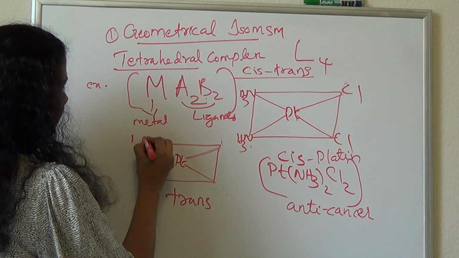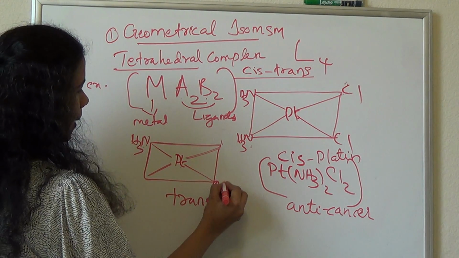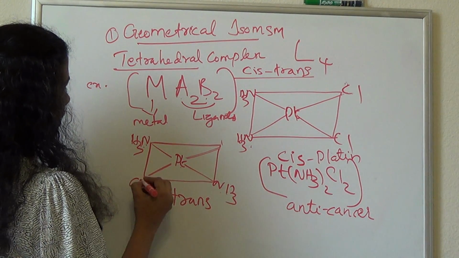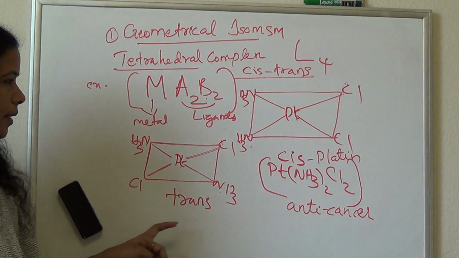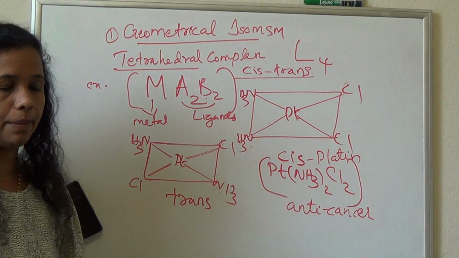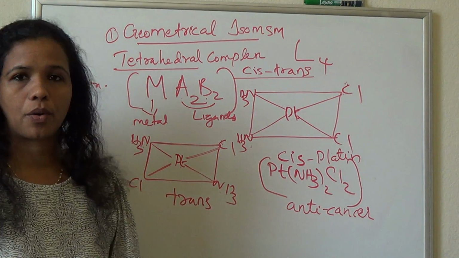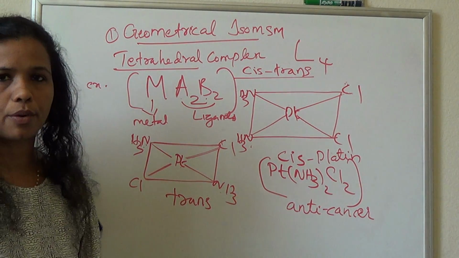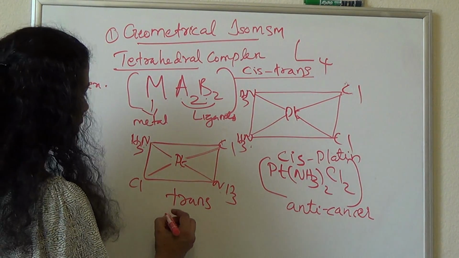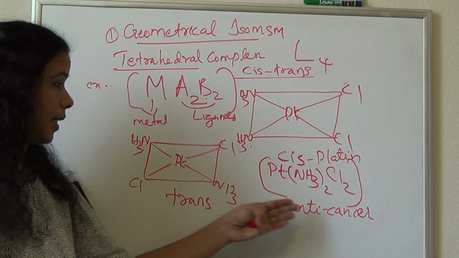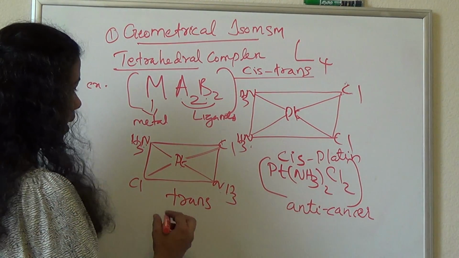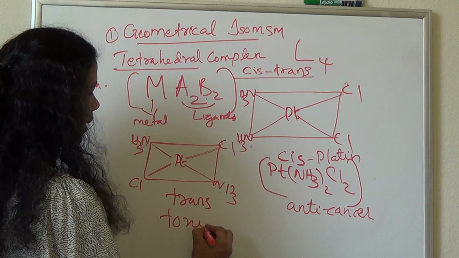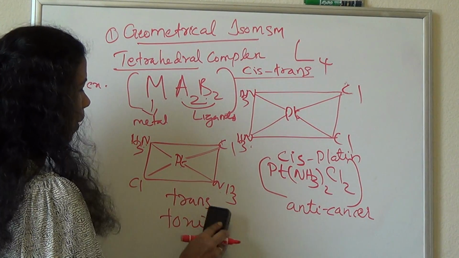Platinum, NH3, Cl, Cl. This is called transplatin because both amines are on different sides, both chlorines are on different sides, and this is not a drug. It is very toxic. That means it is highly poisonous.